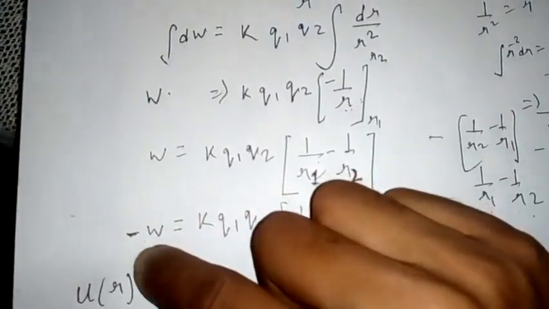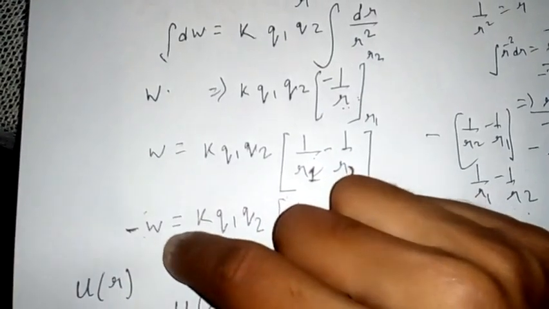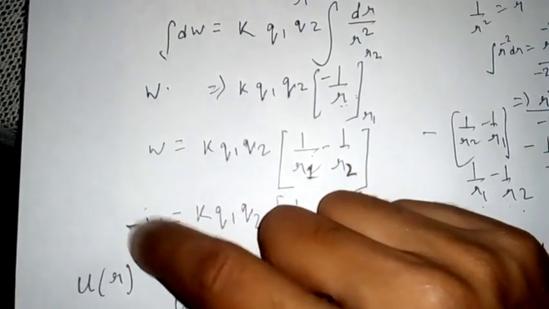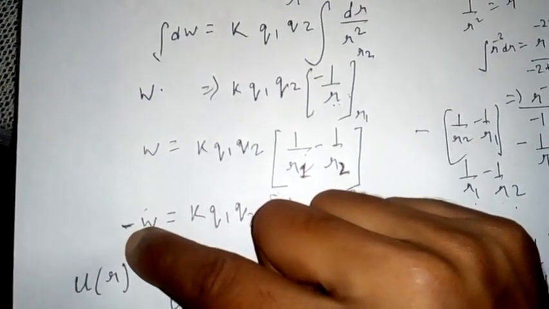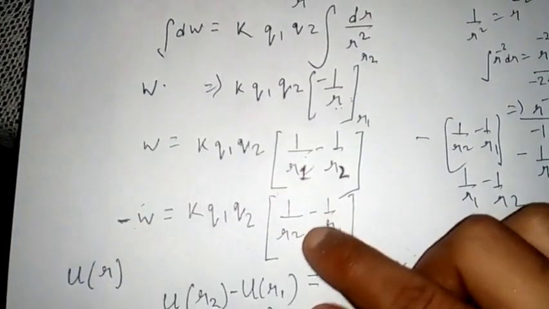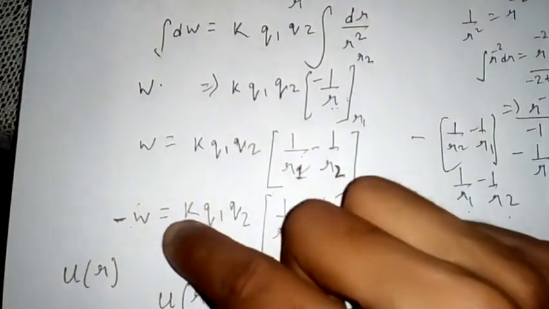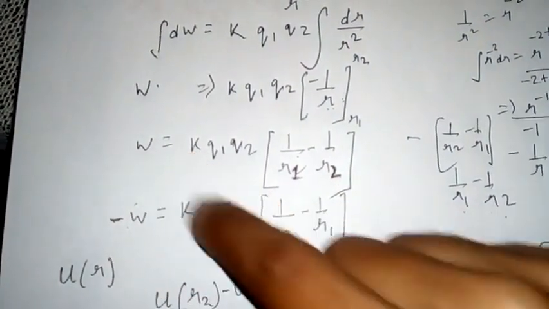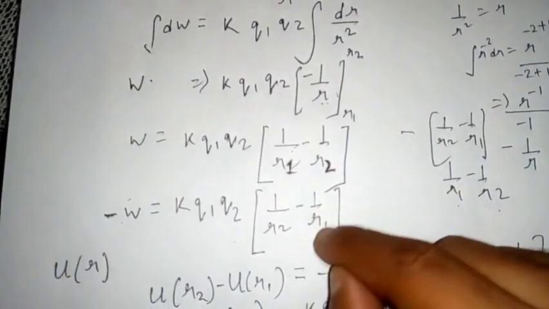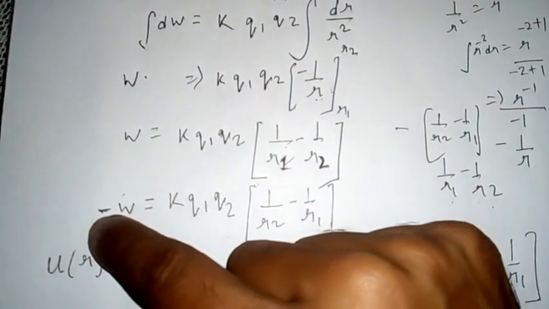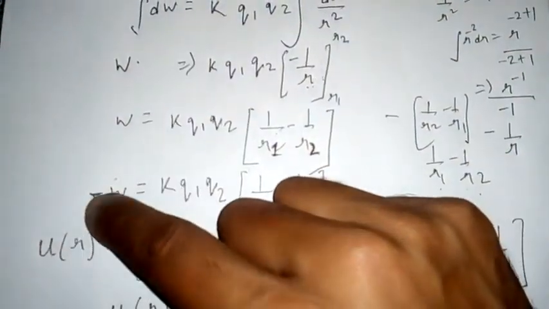One more thing: the change in electric potential energy of a system will always be the negative of work done. Why is it so? Because in order to make it r2 minus r1 form, I'll have to bring a negative out. It becomes k q1 q2 times 1 over r2 minus 1 over r1. So the negative sign is written outwards. This form becomes this form only when I write a negative sign outside.